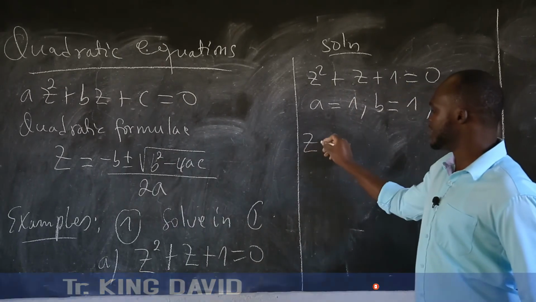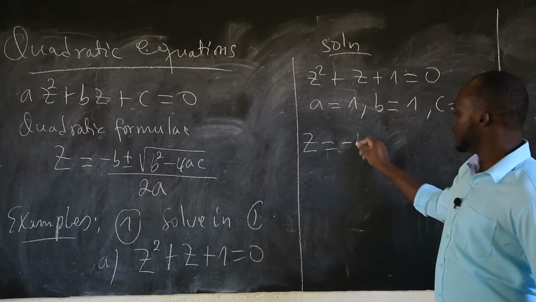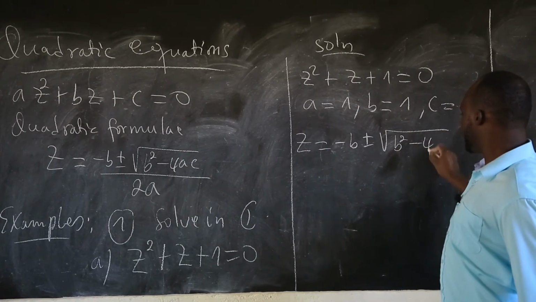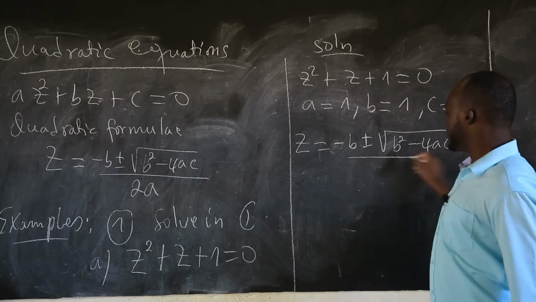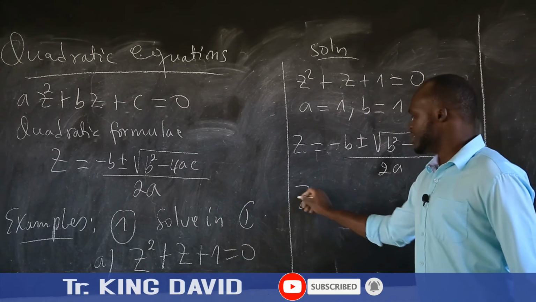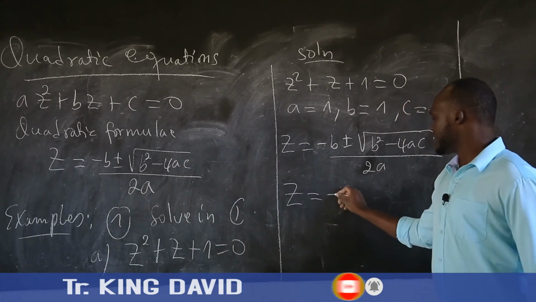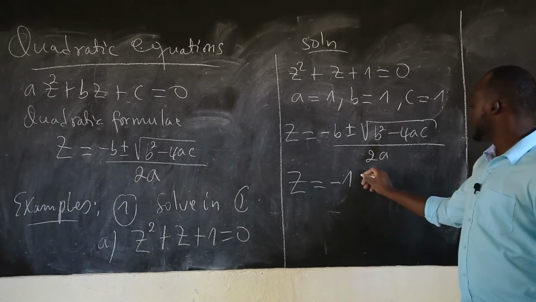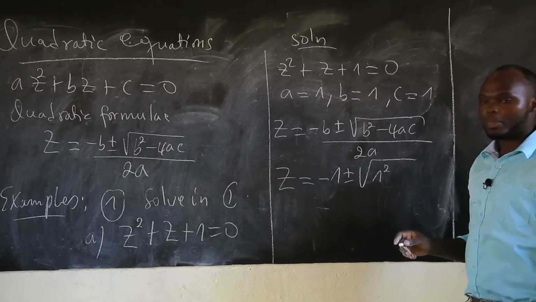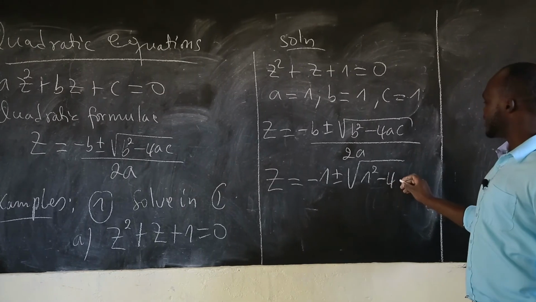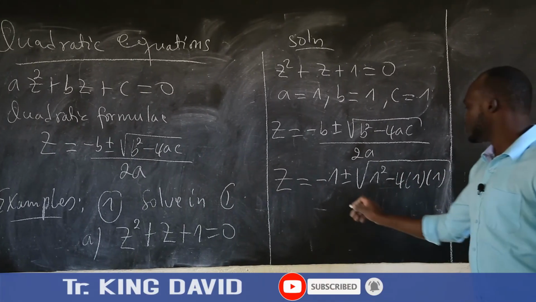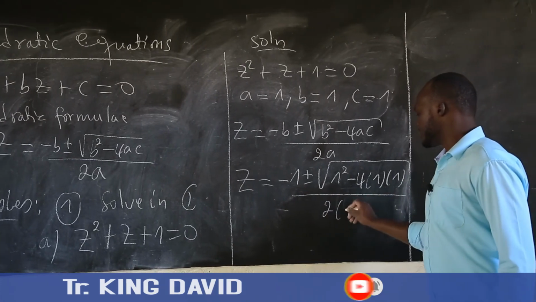So our z will be negative b plus or minus square root of b squared minus 4ac, divided by 2a. So then z is negative b, that's negative 1, plus or minus root of 1 squared, which is 1, minus 4 into bracket a is 1, c is 1, divided by 2a, 2 times 1.